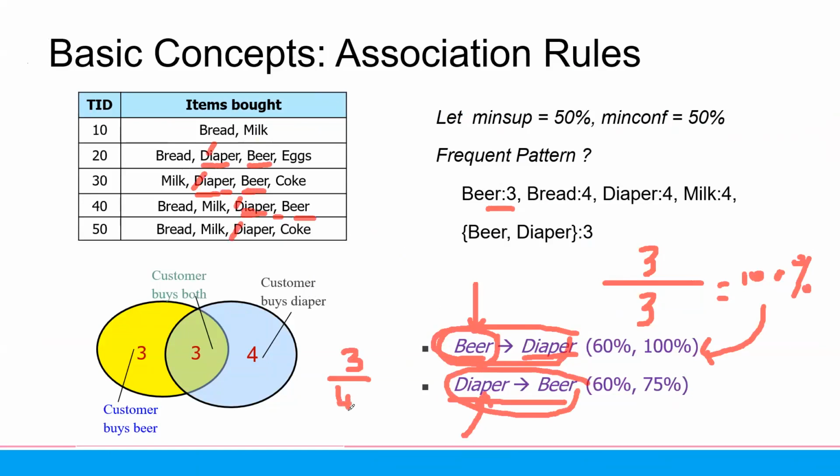So 3 out of 4 transactions that have diaper, he or she will buy beer. So the confidence is 75%. So this is the association rule, and this is the frequent pattern.